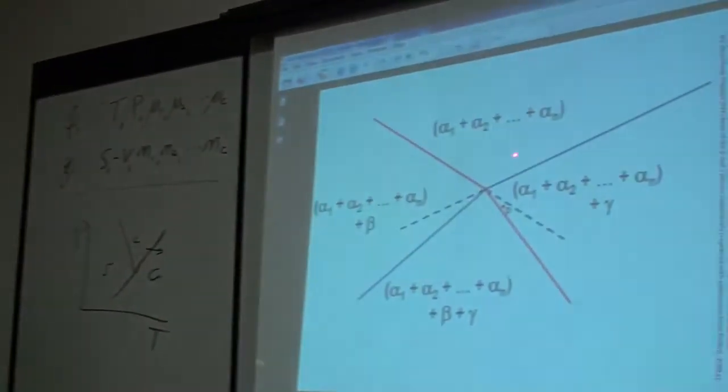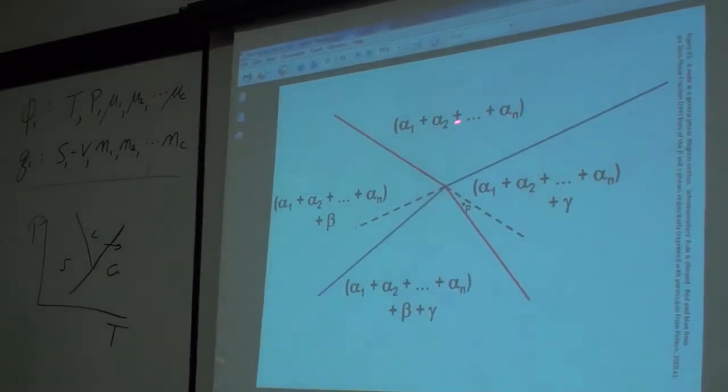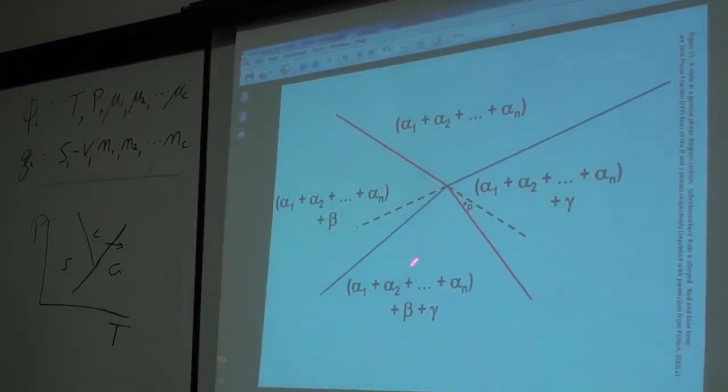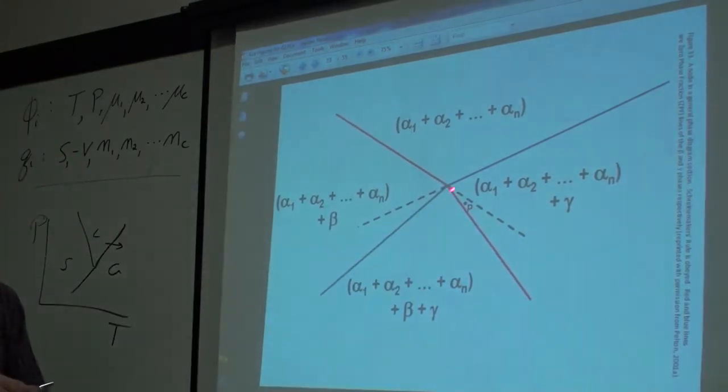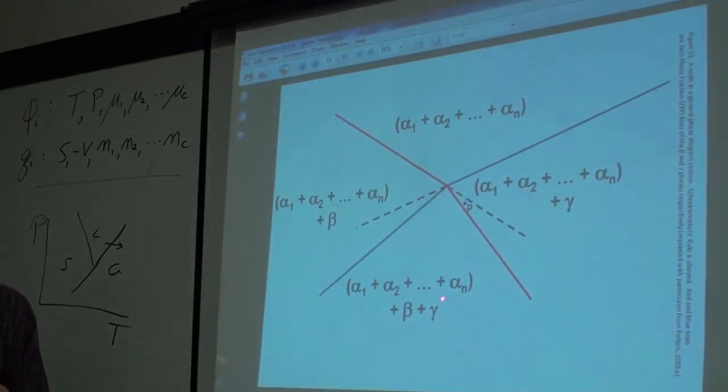It states that you take the region here that has the lowest number of phases, that doesn't have the beta or the gamma, and you consider those two boundaries. Either this line must extend into this region and this line extends over here, or they both extend into this region. That's the only two possibilities thermodynamically.